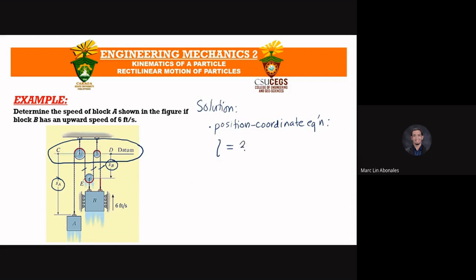So that is 3SB plus the other chord length, the longer chord length, which is represented with SA. Once we establish the position coordinate equation, we apply time derivatives.